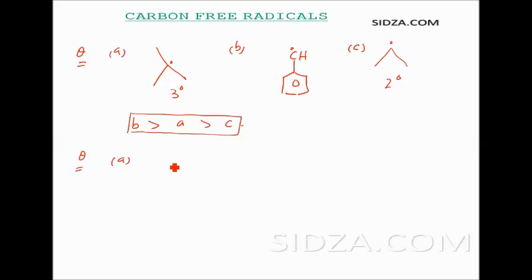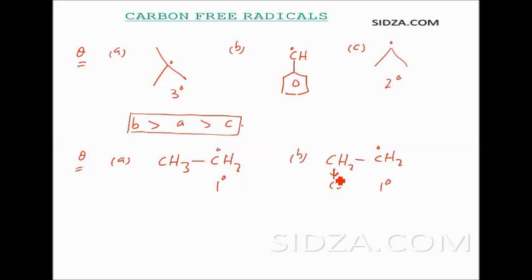Another example, we have the CH3CH2 free radical here, and the second one is ClCH2 free radical. This is 1 degree, this one is also 1 degree, but the difference is we have a chlorine attached, which is an electron withdrawing group.